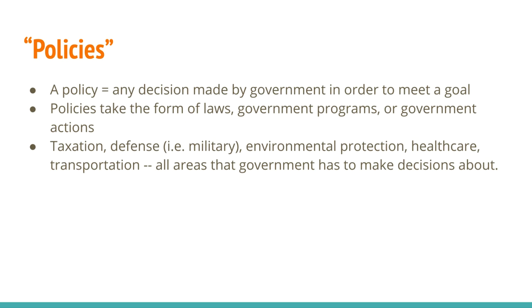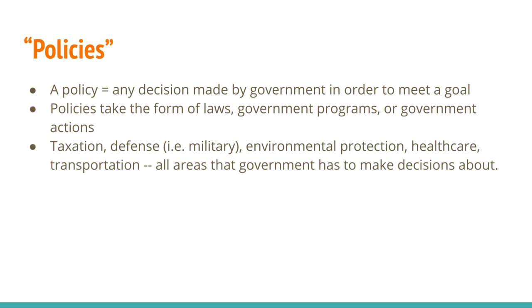Now, policies can take the form of laws, government programs, or specifically government actions. We'll talk a lot more about this in the future, but for right now, just understand this in a more general term. There are a few areas that the government has to make decisions about. These would be taxation, defense, so the military, environmental protection, so setting rules about where you can dump waste, healthcare, whether or not people should have it, whether or not the government should be helping poor people with healthcare, whether the government should even be making decisions about healthcare.